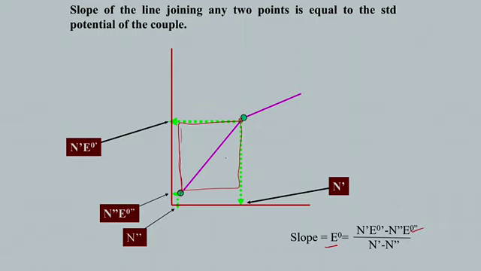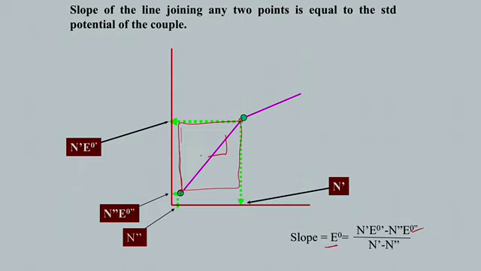From the slope we will be able to know the E0 of the redox reaction of two couples. It is very easy to calculate.